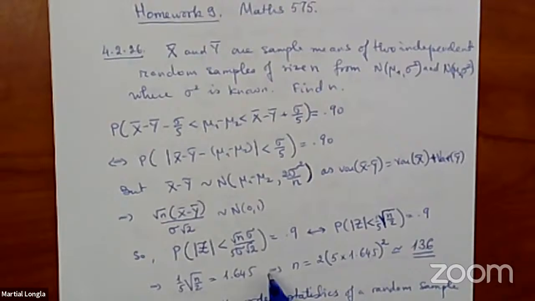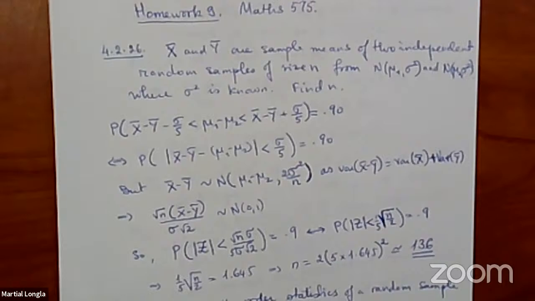So this is 5 times this squared, multiplied by the 2 that is here, to get n. Okay, so that's how we do that.